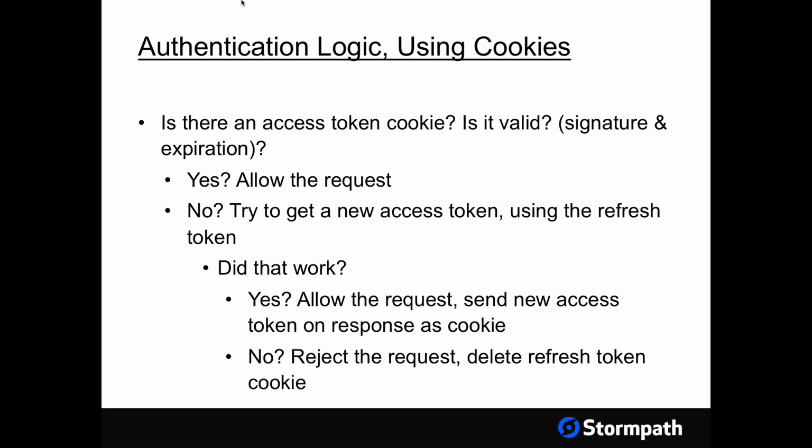If they're not, I'm going to be like, all right, hold on. Do you have a refresh token? Okay, cool. I'm going to go try getting a new access token using that refresh token. If that works, happy path, I authenticate the request. On the response, I ship down that new access token. So this is that transparent mechanism we're talking about, where the client basically doesn't even really have to deal with managing any authentication stuff.